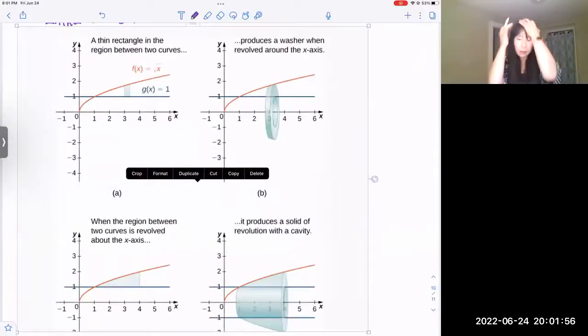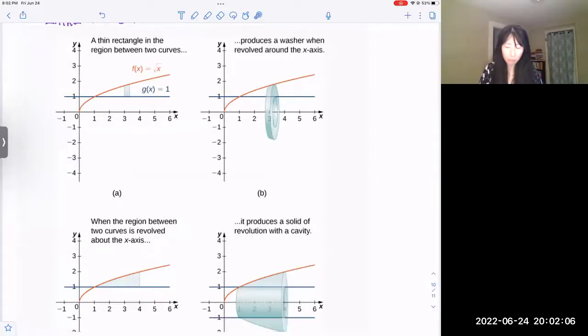Can you see that? We have two curves, okay? One is the square root of x, f of x. The bottom one is g of x, which is y equals 1, right? g of x equals 1.